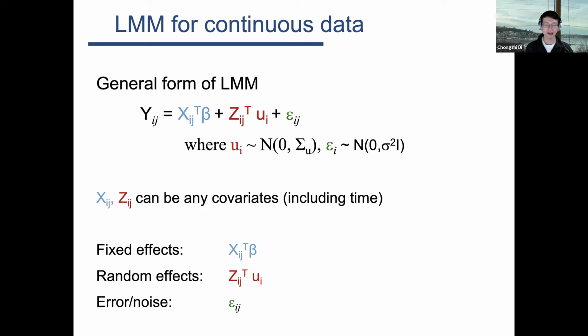So we have those random effects Ui, and I'll talk about later that you can estimate those random effects. Once you estimate them, you can construct a subject-specific prediction curve.